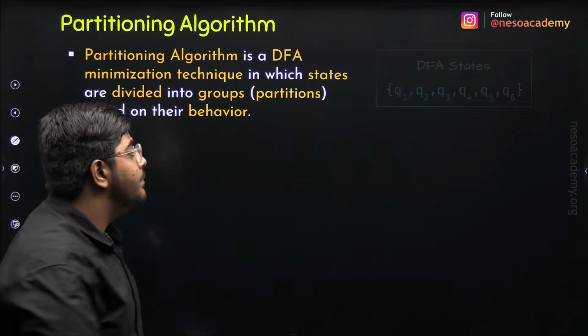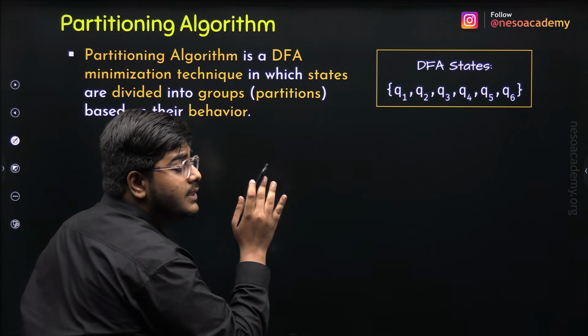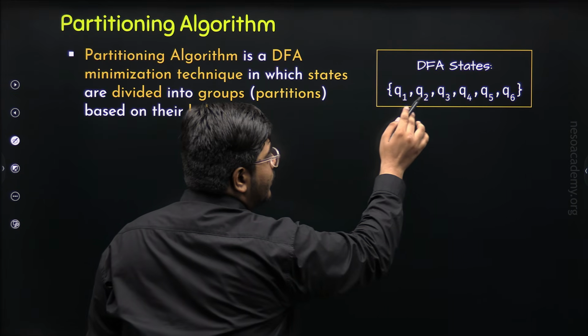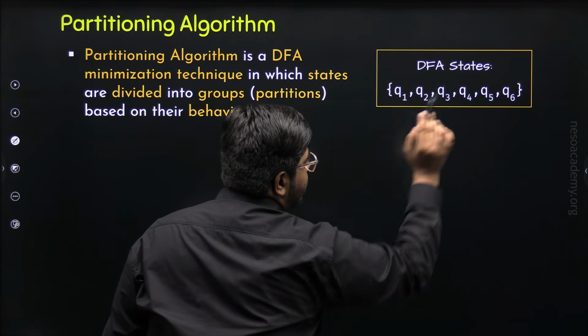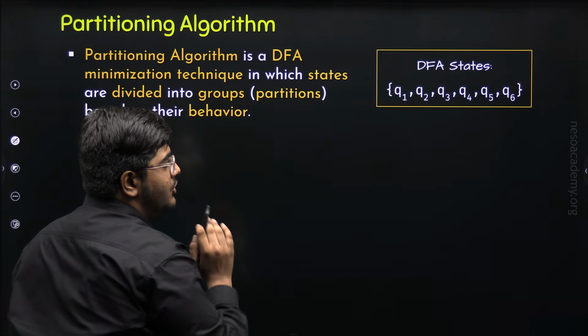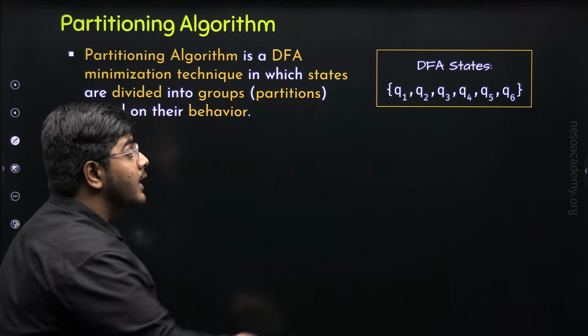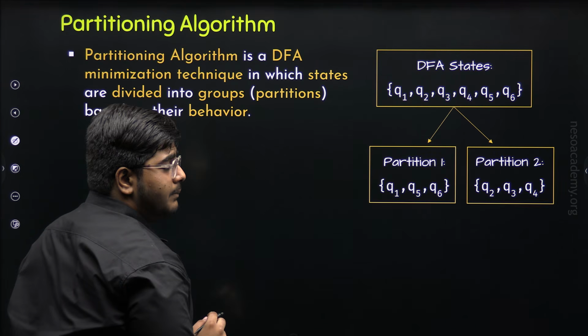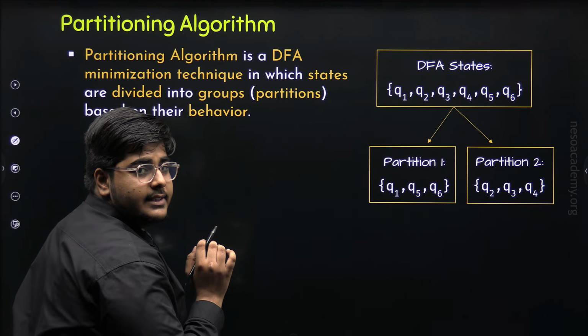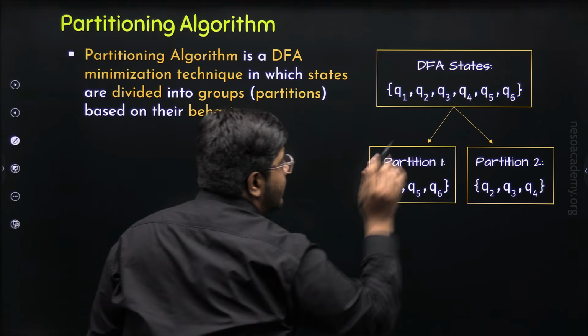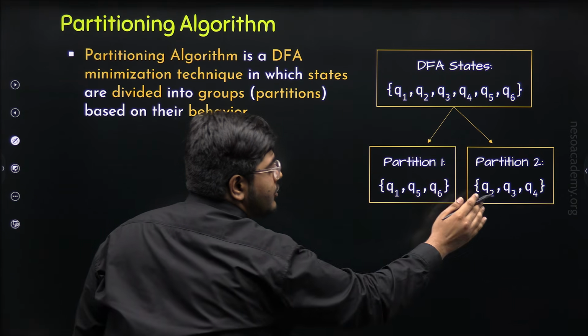For example, we have a DFA with 6 states: Q1, Q2, Q3, Q4, Q5 and Q6. And in partitioning algorithm, based on the behavior of these states, they can be divided into multiple partitions. Like here you can see, the set of states has been divided into two partitions.